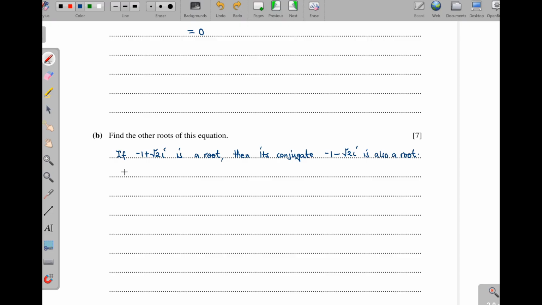Now we can say we find, so finding the quadratic factor, or the quadratic equation. I can say that the quadratic factor that is formed from -1 plus root 2i and -1 minus root 2i.